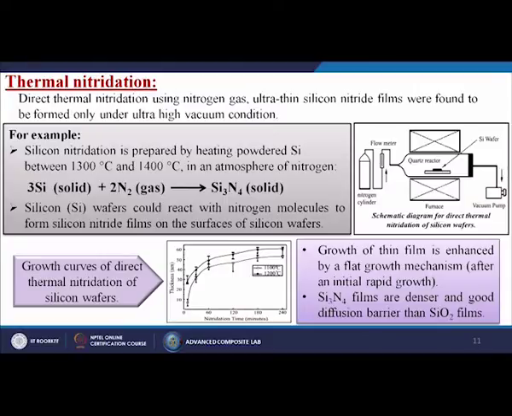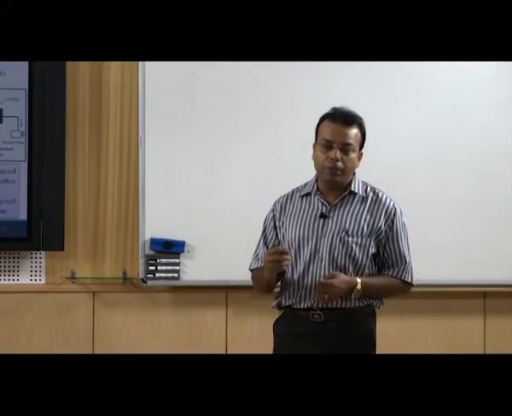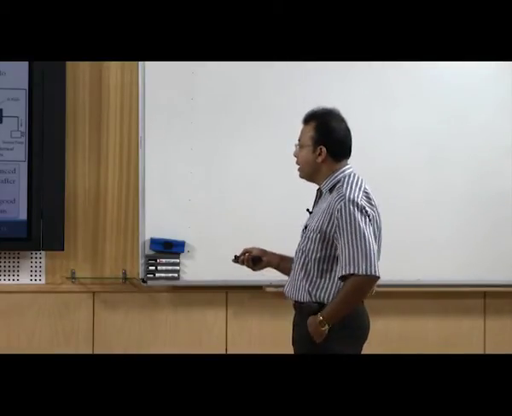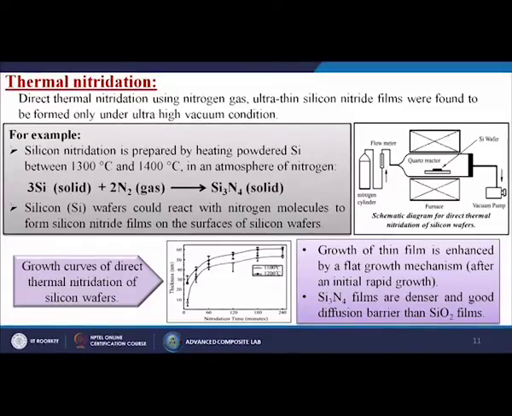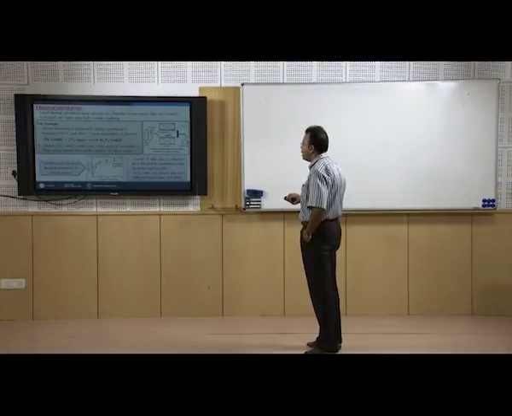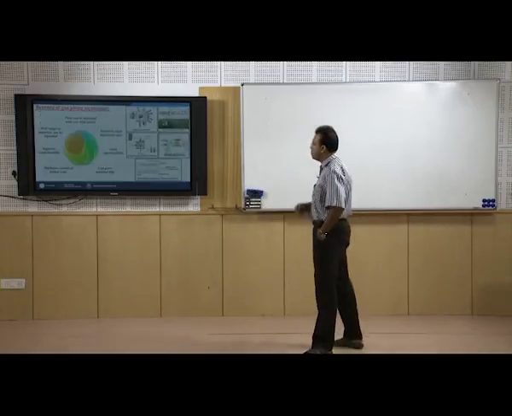Growth of thin films is governed by a flat growth mechanism after an initial rapid growth. So, if we run that experiment for a longer time, the thickness of that coating will automatically increase. And silicon nitride films are denser and better diffusion barriers than silicon oxide films. This is the added advantage of thermal nitridation over the thermal oxidation process.